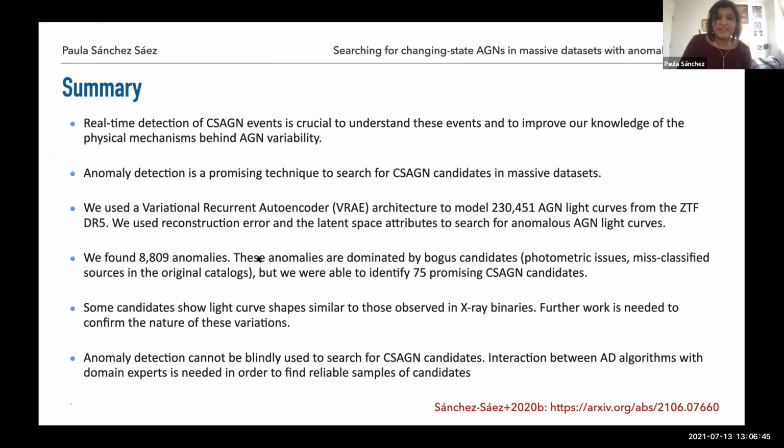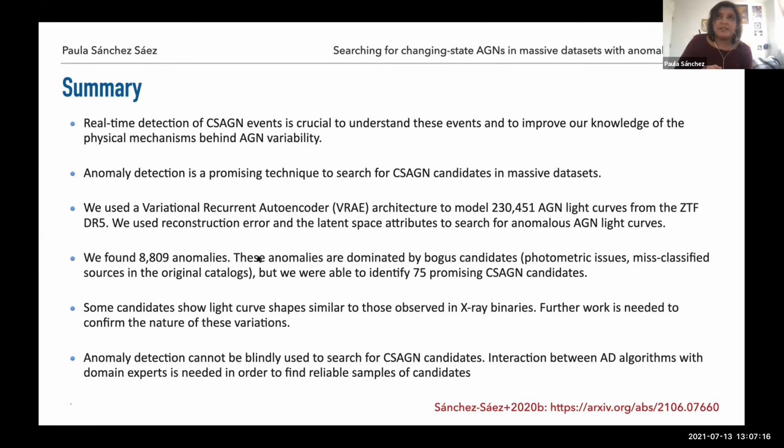So this is something that, deep learning is kind of a black box, so it's hard to interpret what the algorithm is considering anomalous. But basically it is anything that the method is not able to reconstruct because it's anomalous with respect to the regular data, or, when you see the latent space, sources that have properties that are consistently different with respect to the regular population.